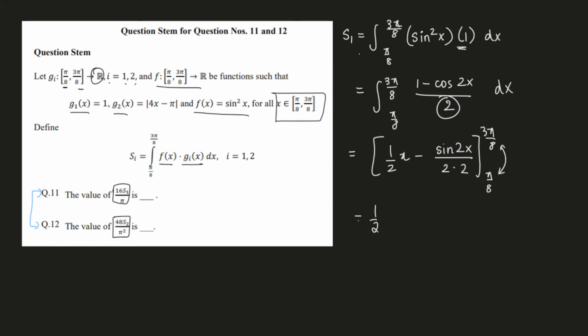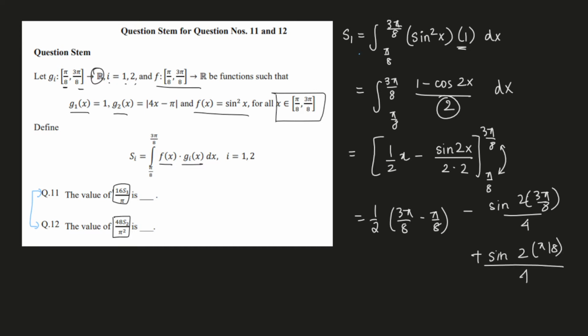So 1 by 2 times (3 pi over 8 minus pi over 8), minus sine of 2 times 3 pi over 8 divided by 4, and then plus, since negative and negative again, plus sine of 2 times pi over 8 divided by 4.